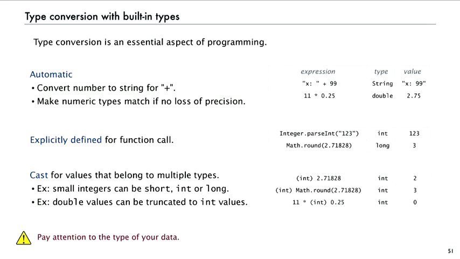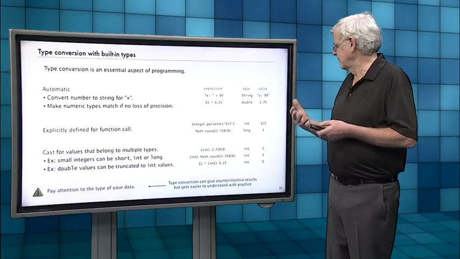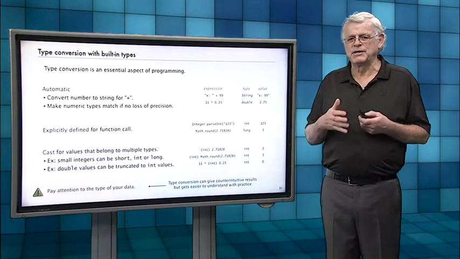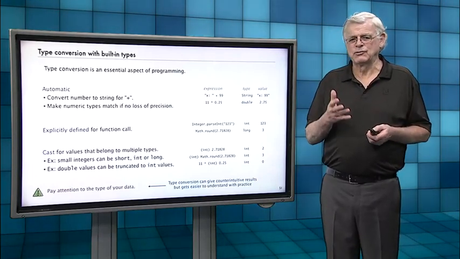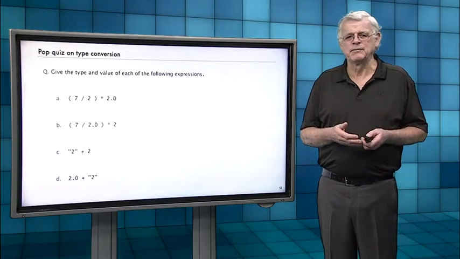We look at these types of expressions, and there's many examples in the book and in the exercises, and it's important to always know the type of your data, because if you're not aware of the type of data, it can lead to problems. Sometimes type conversion gives counterintuitive results, but it's much easier to understand with some practice, and that's why we highlight it right at the beginning.